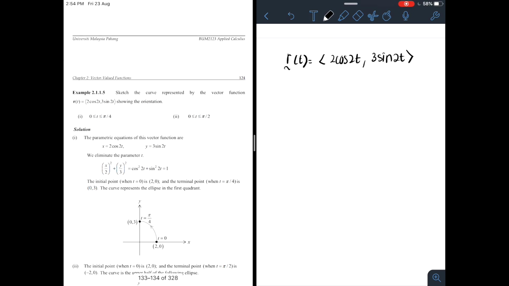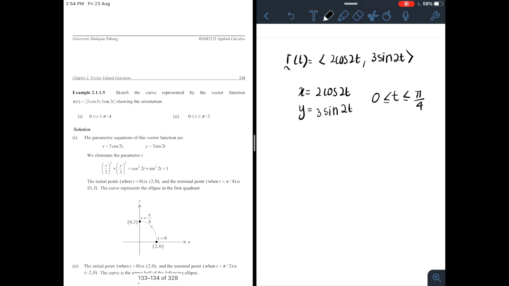So in this case, x is equal to 2 cosine 2t and y is equal to 3 sine 2t, and the range for t is in between 0 and pi over 4.